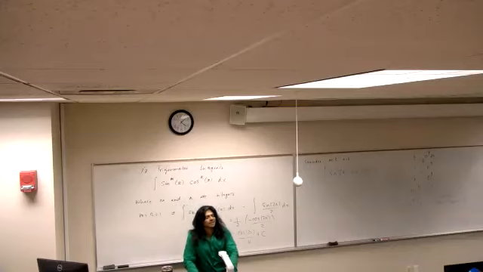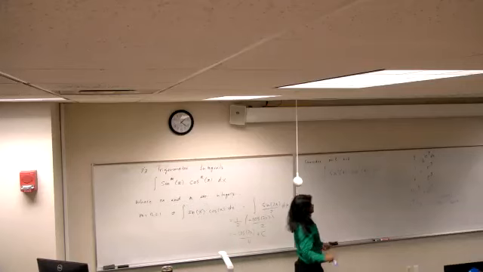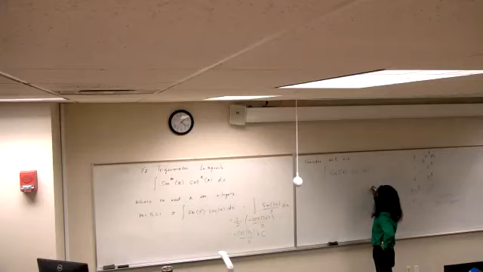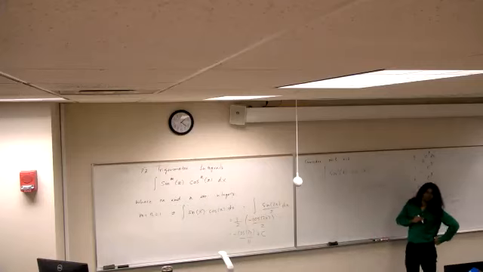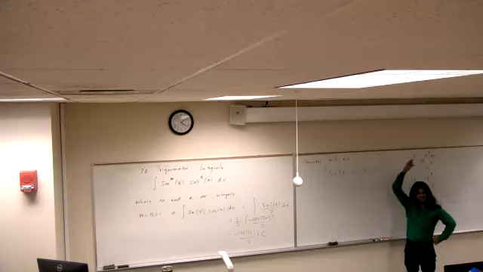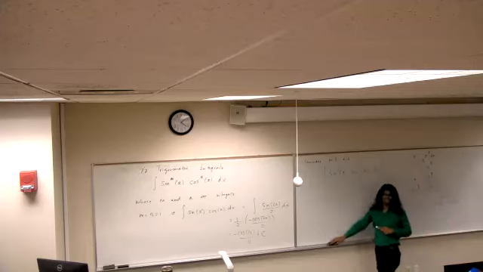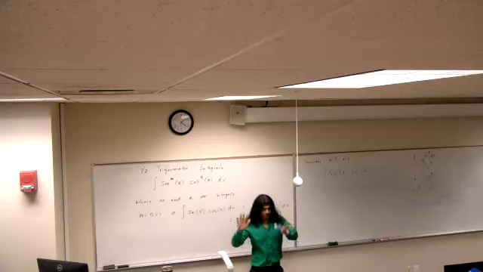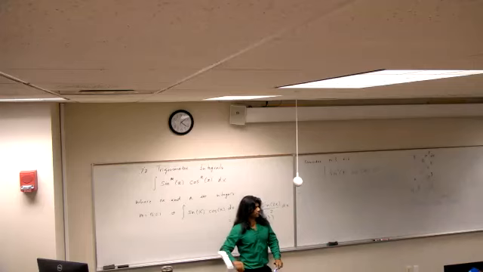Cosine squared. Come again? Cosine squared. U is cosine squared. Okay. If you're going to pick a power, then that will be a problem, right?